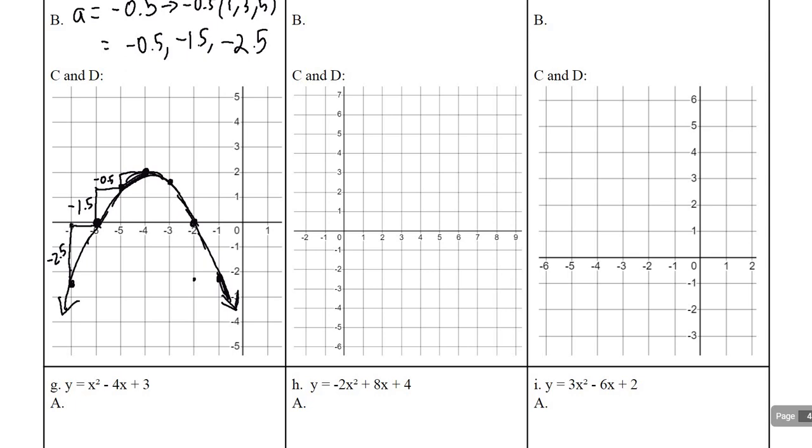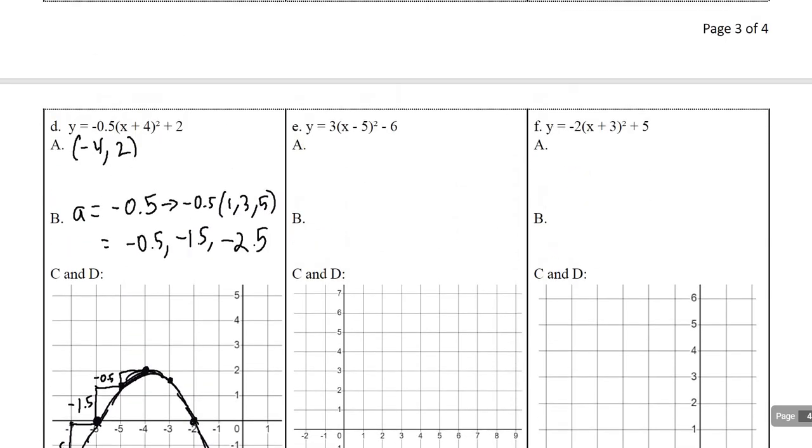All right. Next, h and k, I'm at 5, negative 6. A is 3, so I multiply A times my 1, 3, 5, which means I'll be doing 3 times 1, 3, 5, so that's 3, 9, 15.